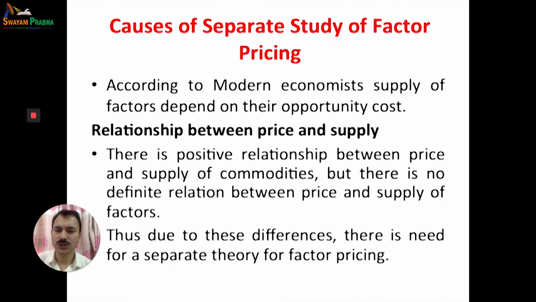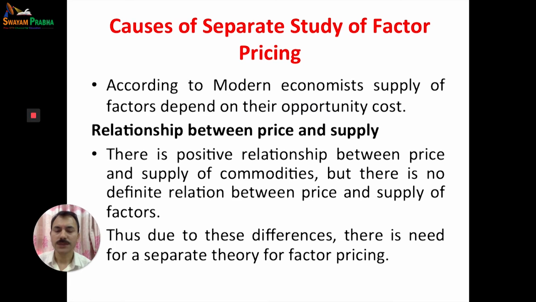If you pay more and more wages to labor, maybe after some time the supply curve will be backward bending. It will not show a positive relationship. The supply curve will be backward bending, meaning the laborer may prefer leisure as compared to work.